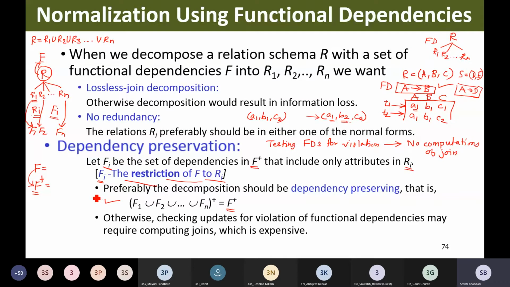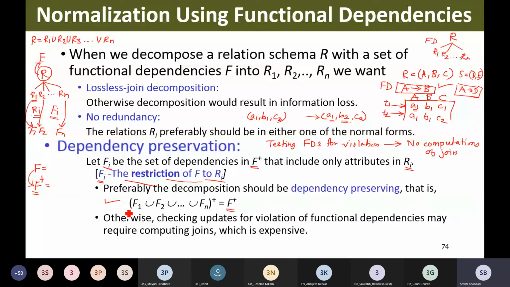Otherwise, checking the updates for violation of functional dependencies may require computing the joins. And computation of joins, as I stated earlier, is a very expensive task. So we do not want to compute the joins for testing the violation of functional dependencies. That is why we need to impose this condition of dependency preservation while decomposing our original relation into a set of relations.